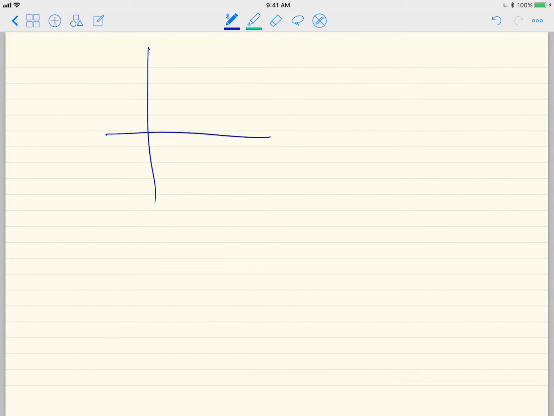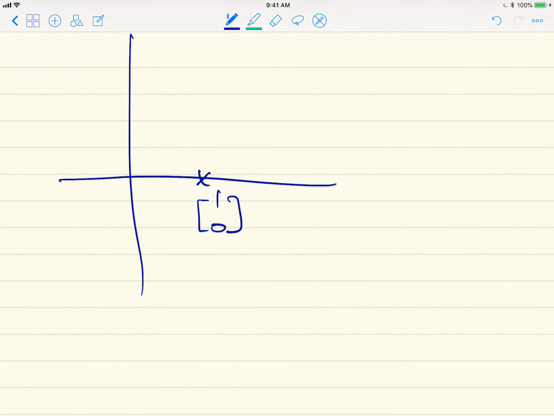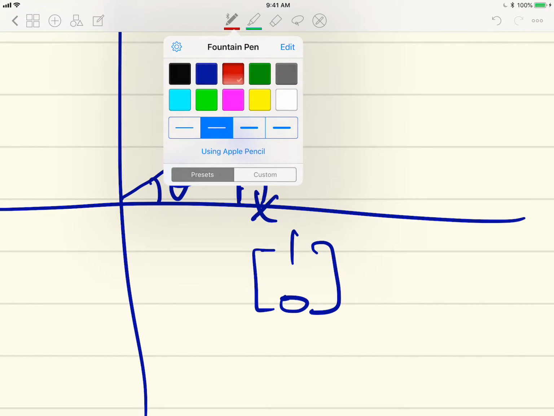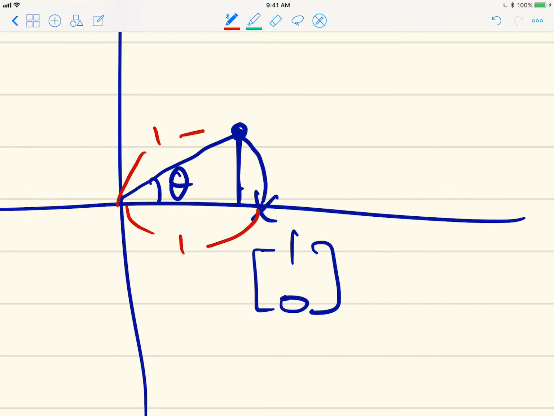Suppose our given input is 1, 0. If it is rotated by theta, say 30 degrees, it is something like this. We have a theta here, and because the length was 1, the length here is also 1. What are the x and y coordinates?